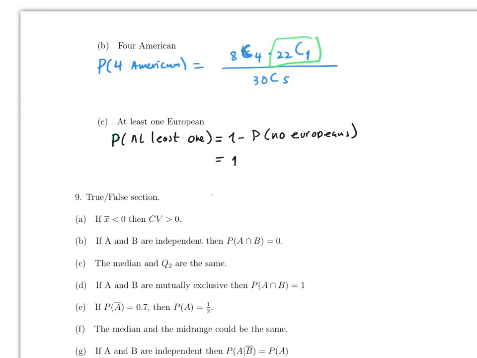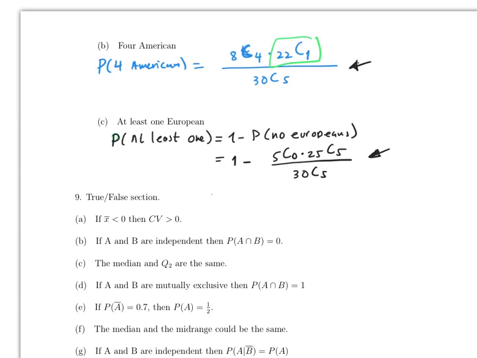And this is 1 minus you want no Europeans. The bottom is going to be 30 choose 5 for all of these problems because that's the sample space. So you have 5 Europeans, you want 0. Then you have 25 people left to choose 5. And that's it. On the test, just leave the answer like this. There's no need to simplify, so just leave it like this.